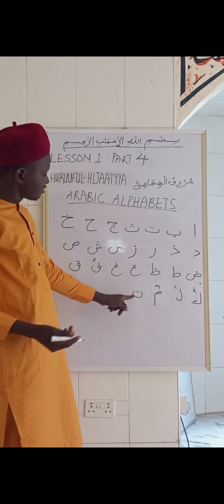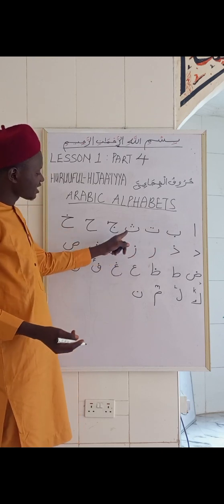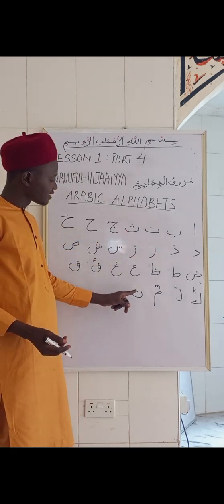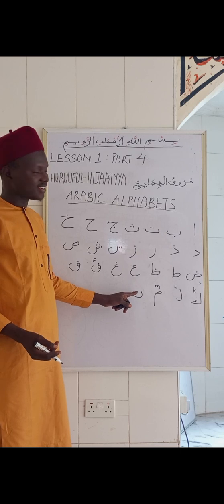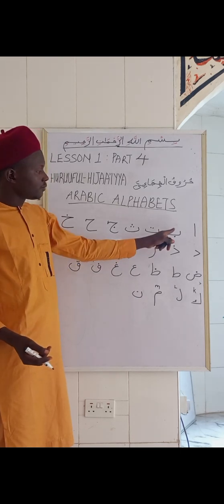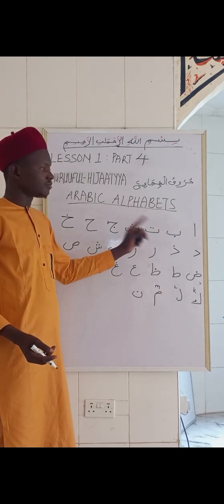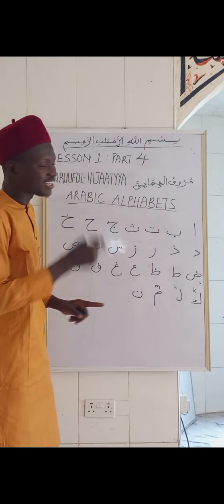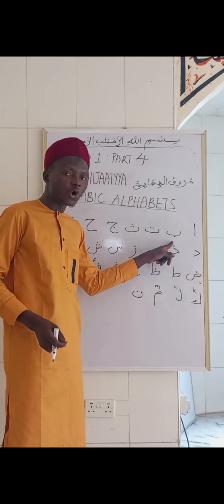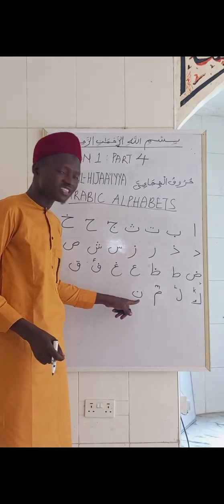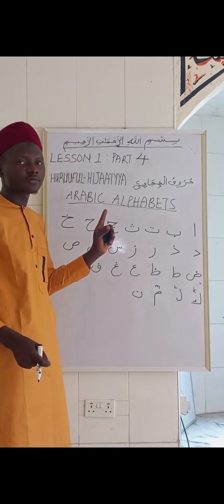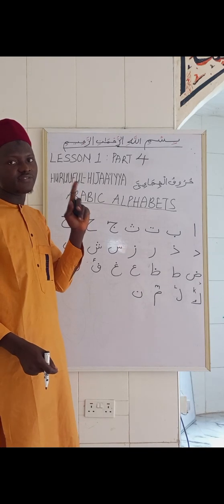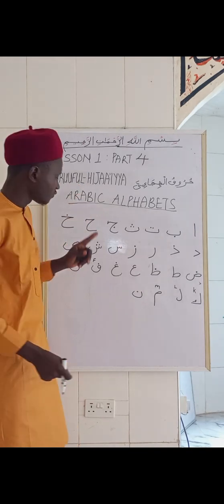Nun has a similar shape to ba and ta. The only difference is that it has a dot at the top. Nun and ba are very similar, but ba has its dot below and nun has its dot at the top. So take note of this, very important.